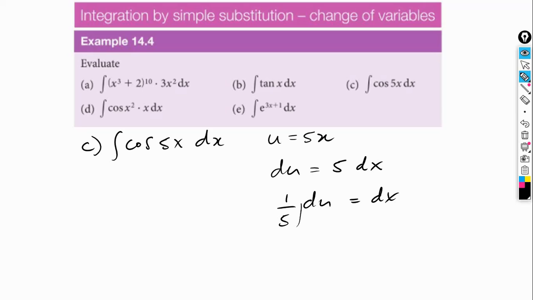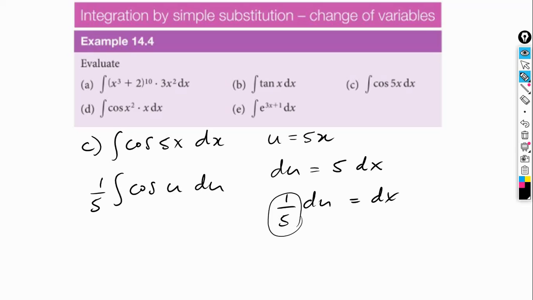But because this is a constant, we can just send it to the outside of the integral. And we can rewrite this as 1/5 integral of cosine of u du. And then integrating this is easy because the antiderivative of cosine is sine.